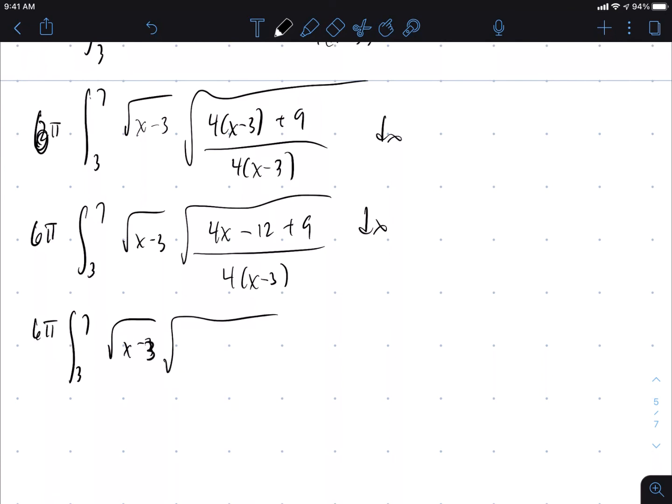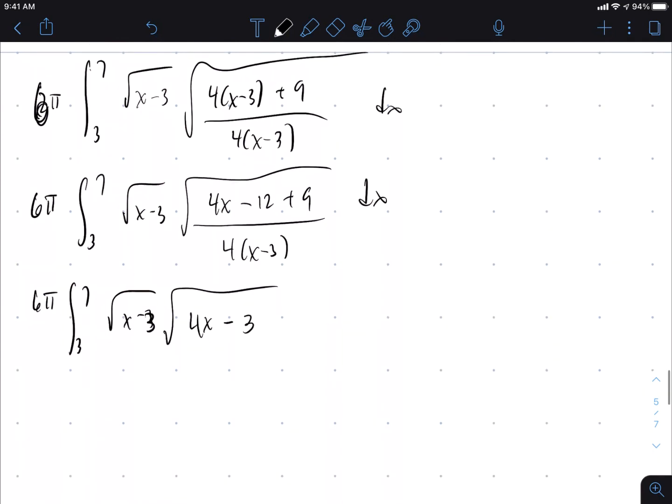Oh, I can pull out a 2 in the denominator and then have over root x minus 3.